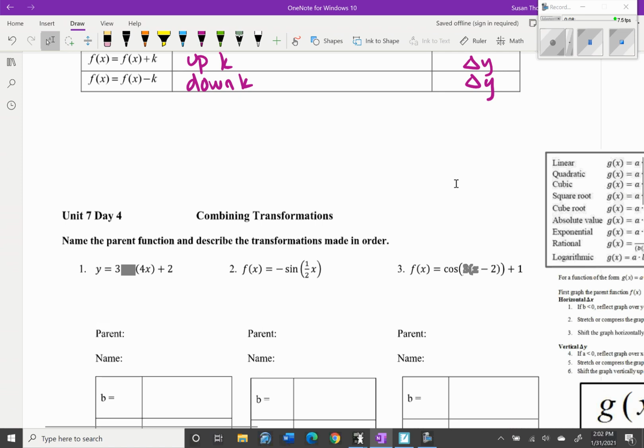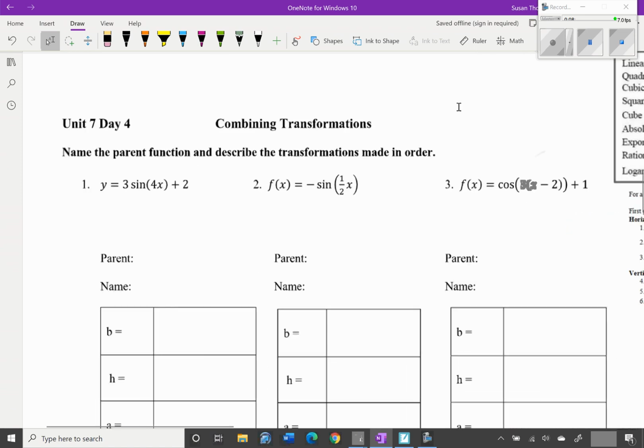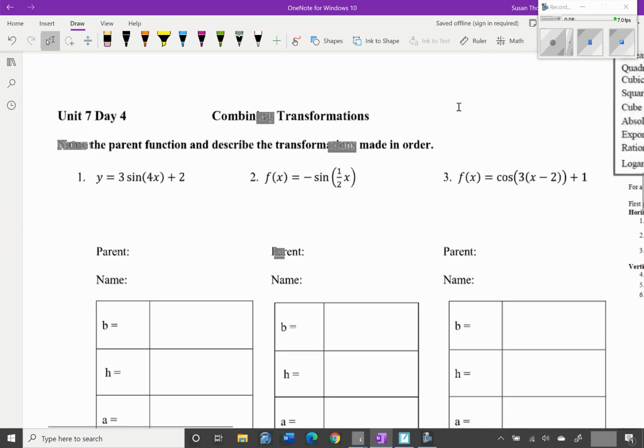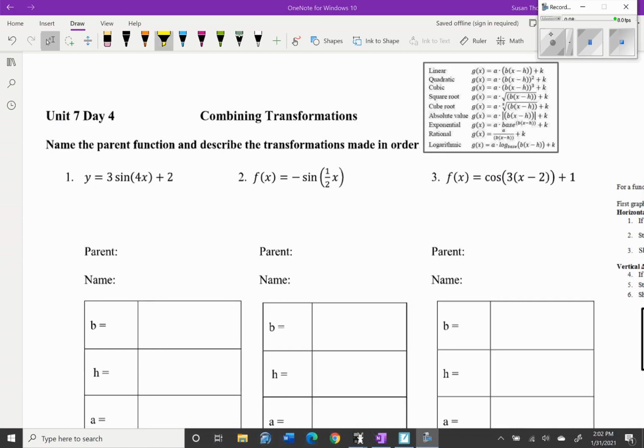So looking at this next part, it says we want to name the parent function and describe the transformations made in order. So for this one, we know that this was not written on this little information over here, so we can just go ahead and write it out. We know the parent graph, of course, is y equals the sine of x, which of course is trigonometric.